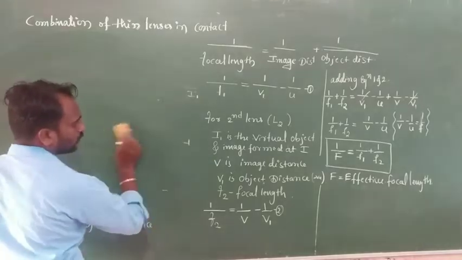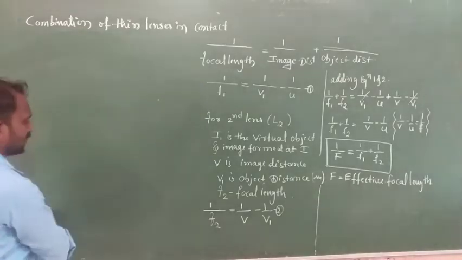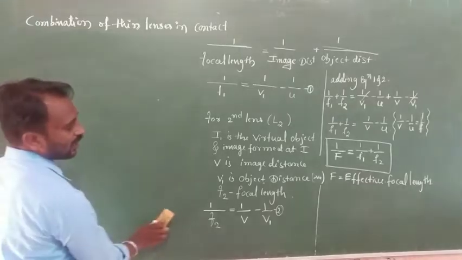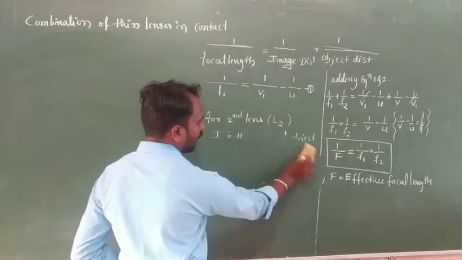Next, you already know the power of a lens. Power of a lens is the reciprocal of focal length.